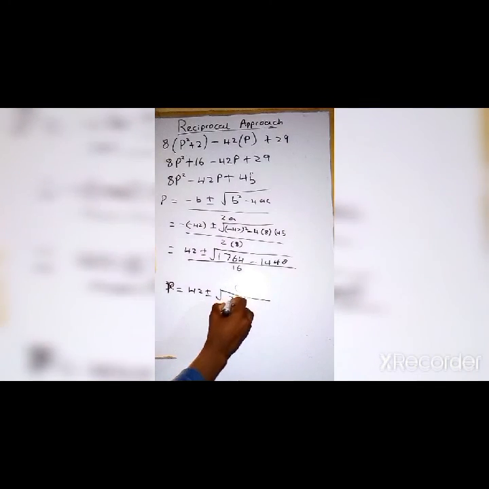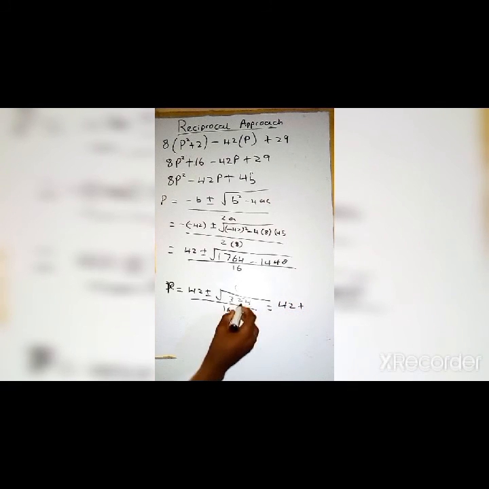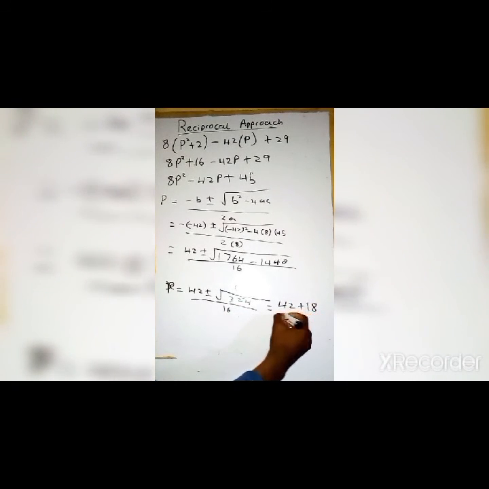I have 324 over 16. So here I have 42 plus or minus, the square root of this is 18, over 16. So my p will now be equal to 42 plus 18, that's 60 over 16, or 42 minus 18, that's 24 over 16.